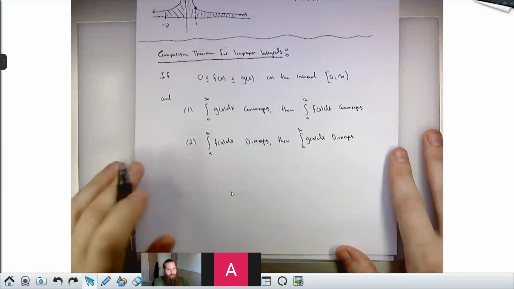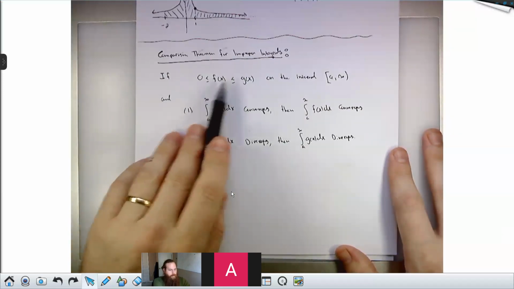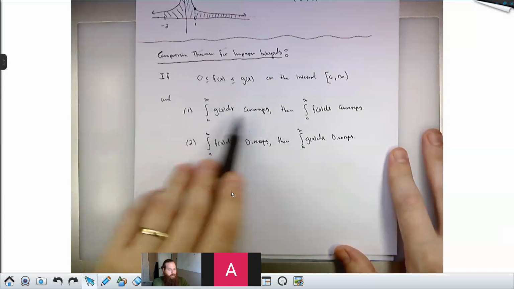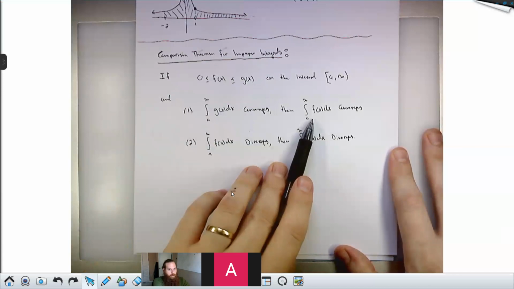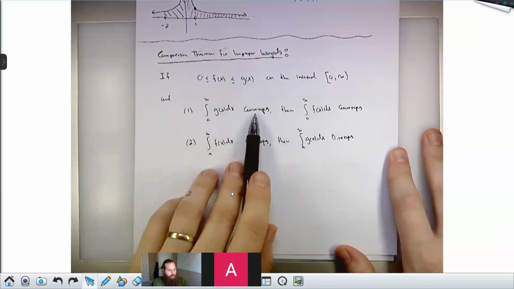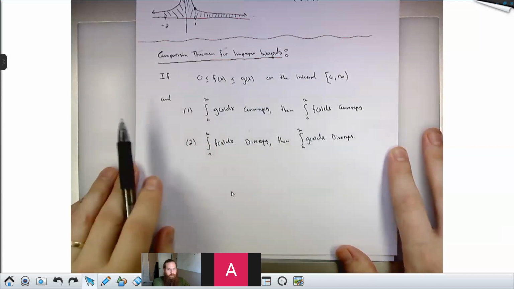So a simpler way to say this is, if you are smaller than a function whose integral converges, then your integral converges, right? If the integral of the big guy is convergent, then the integral of the smaller guy must also be convergent.